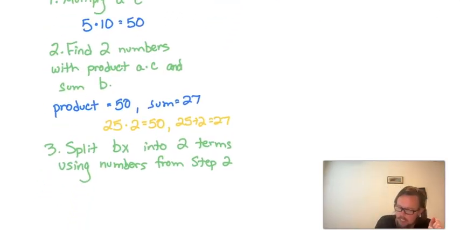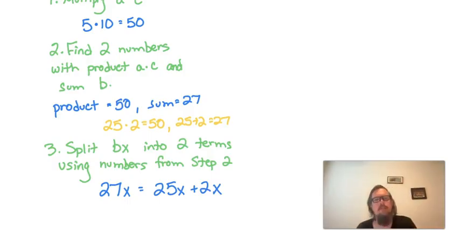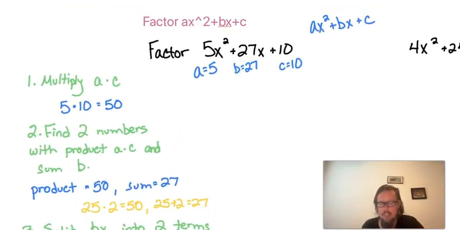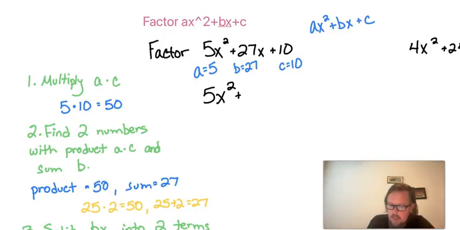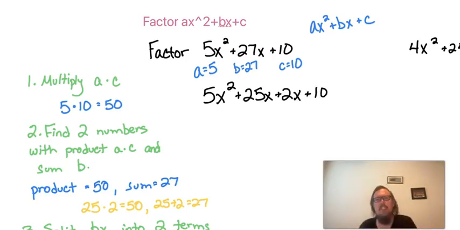So here we're going to split it. 27x is going to become 25x plus 2x. So let's go back up to this problem. It was 5x squared plus 27x plus 10. This is going to become 5x squared, and then our 27x gets split into those two terms: 5x squared plus 25x plus 2x plus 10. The 27x gets split into two terms based on those two numbers we found.